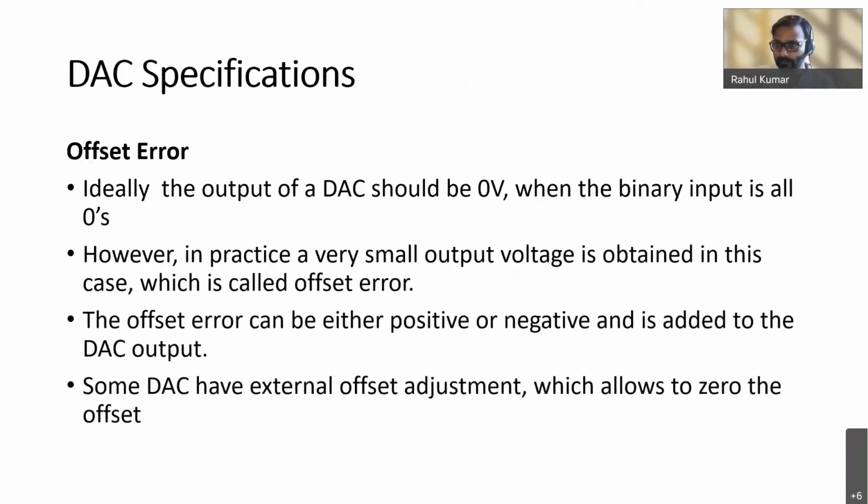The last set of specifications is your offset error. Ideally the output of a DAC should be 0 volt when all the binary inputs are 0. If you have a DAC with multiple bits, your output voltage should be 0 when all these bits are 0. But practically you would get some voltage, very small, maybe a positive voltage or a negative voltage.